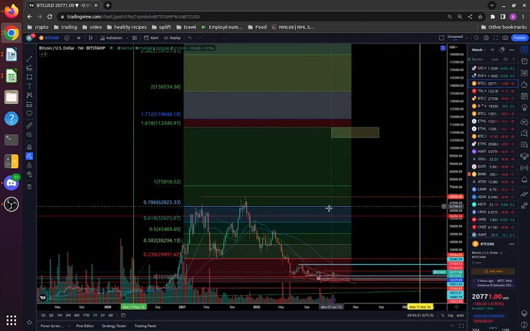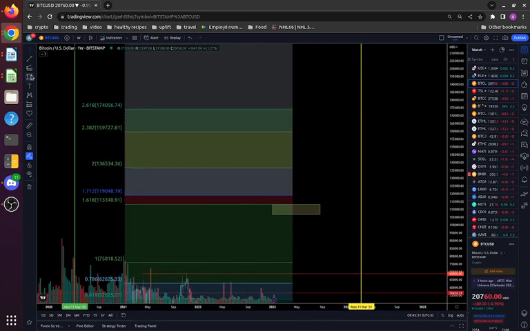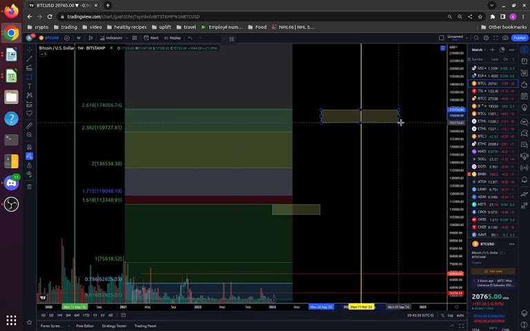Now let's remember that this is a wave 3. So by doing this calculation, if you go to the 2.618, a lot of times this is the price that you can have for the wave 5 if everything goes accordingly.